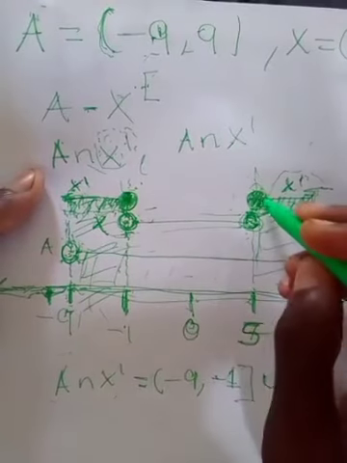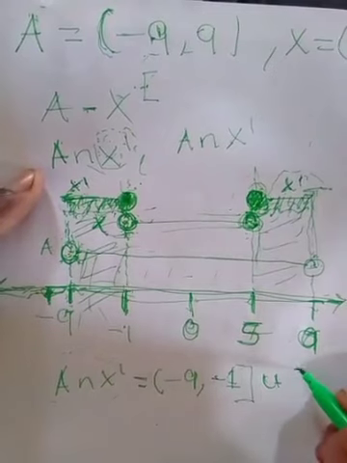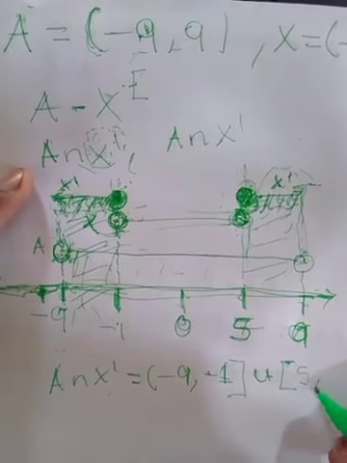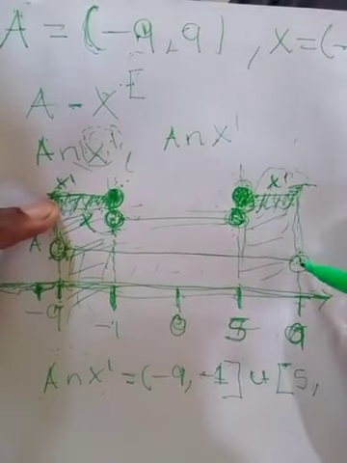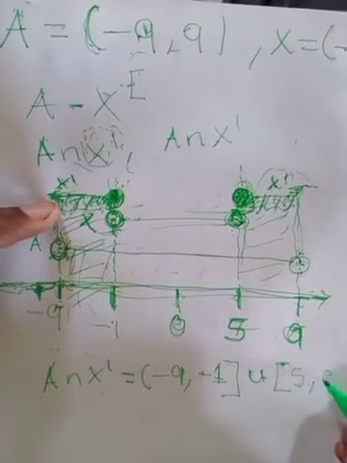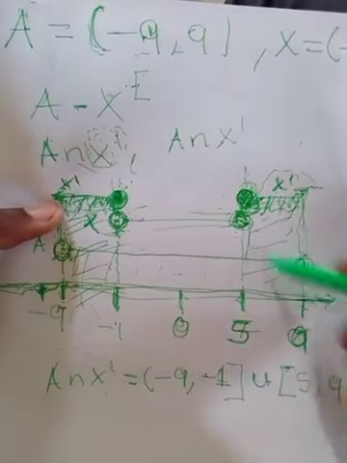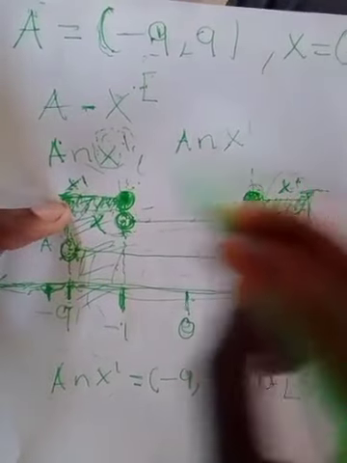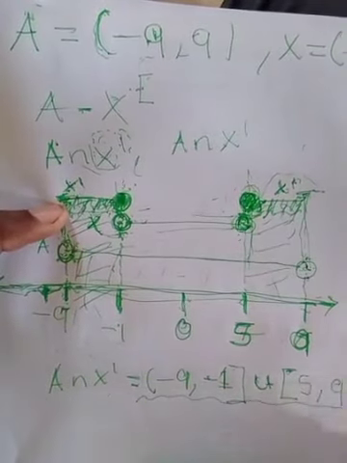This time 5 has been shaded, meaning it will now be part of the set, comma, and up to 9. So you're going to say positive 9. This is where you can find what is found in set A and it is found in the second x complement. There are two x complements right now, and this is how you can combine them instead of splitting them. You've given your final answer.